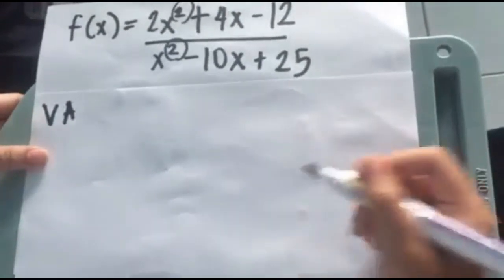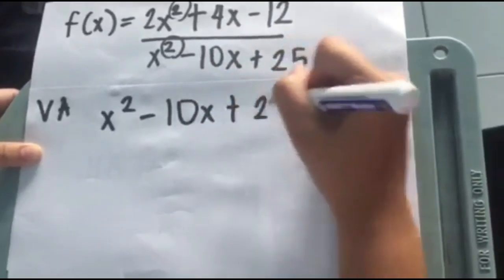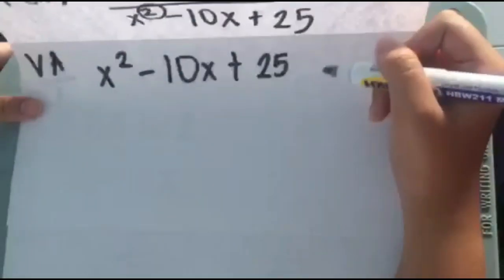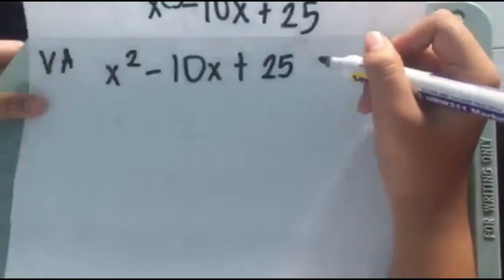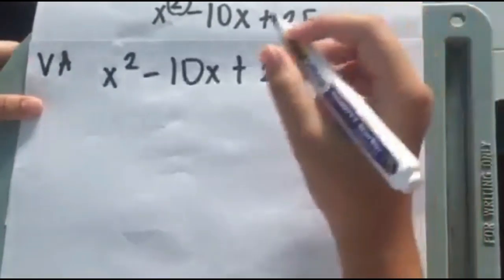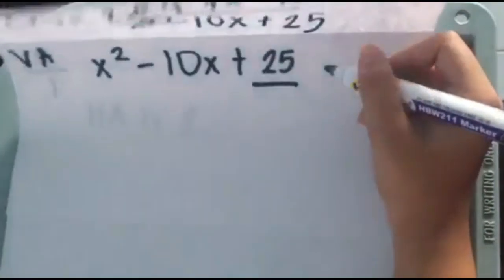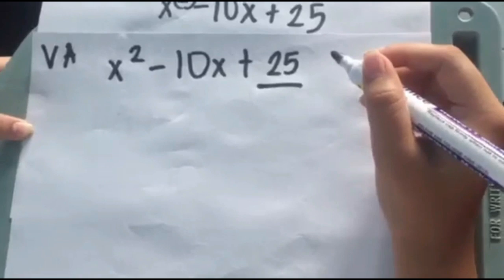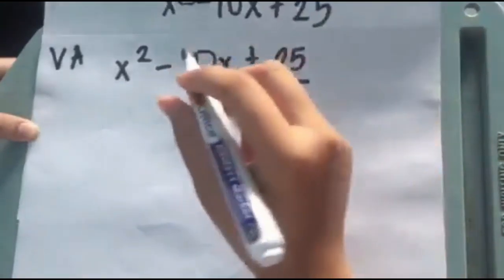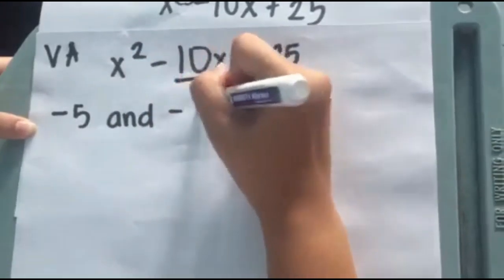Next, let's find the vertical asymptote. In this case, our denominator is x squared minus 10x plus 25. First, we need to factor the expression. To find the factors, we will use trial and error. We need to think of a number that when multiplied by itself gives the constant of the expression, and when added to itself gives the coefficient of the second term. That number is negative 5 and negative 5.